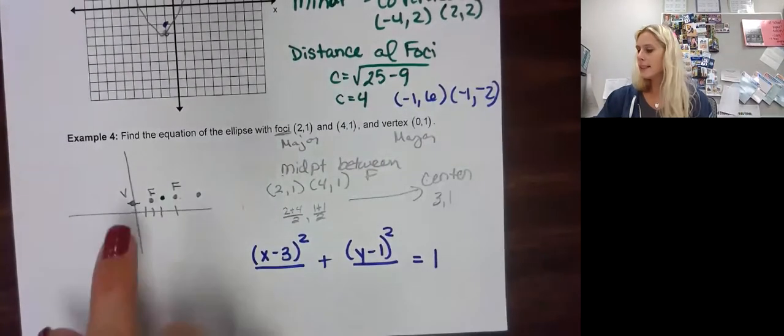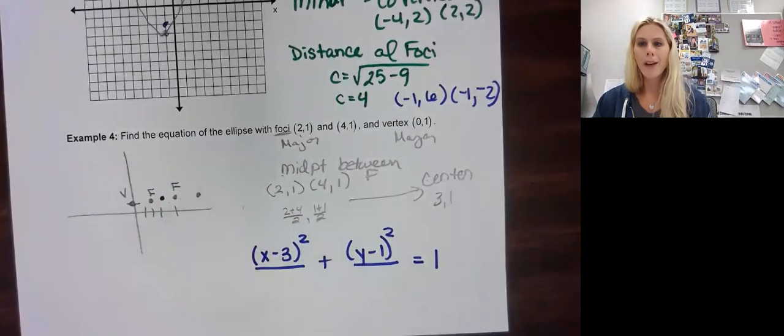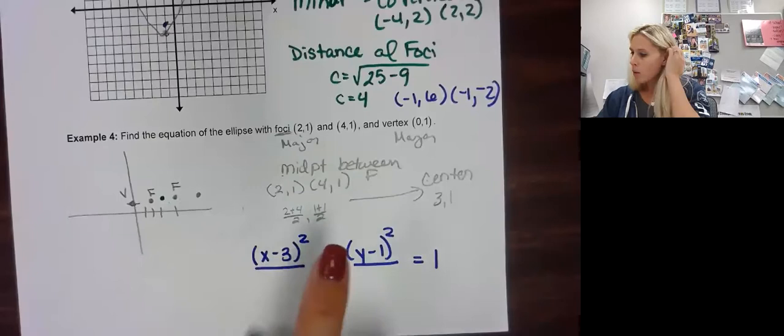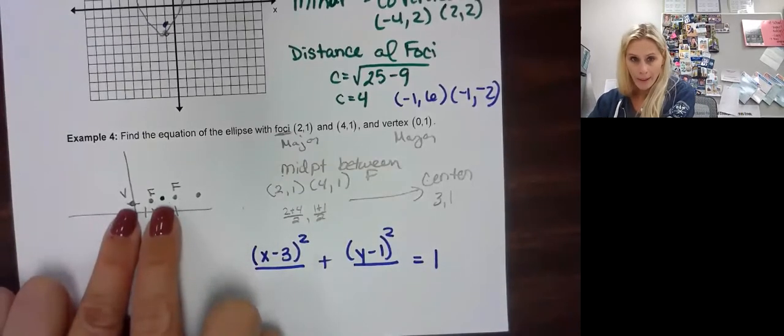Okay, since our vertice is horizontal, that means our a value is larger, and we can find our a value, right? Our a value is the distance from the vertice to the center. Well, our vertice is 3 away.